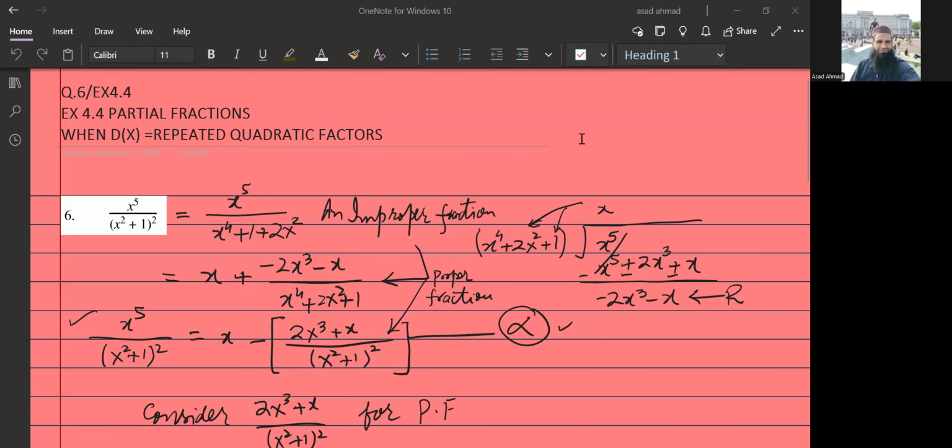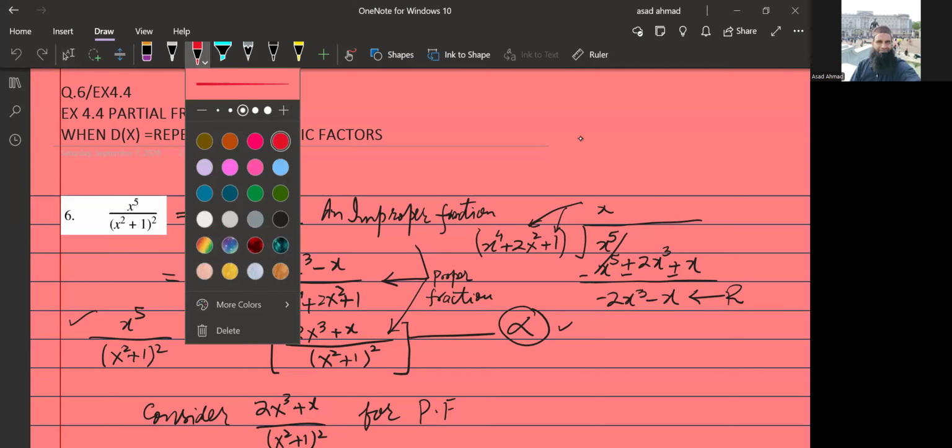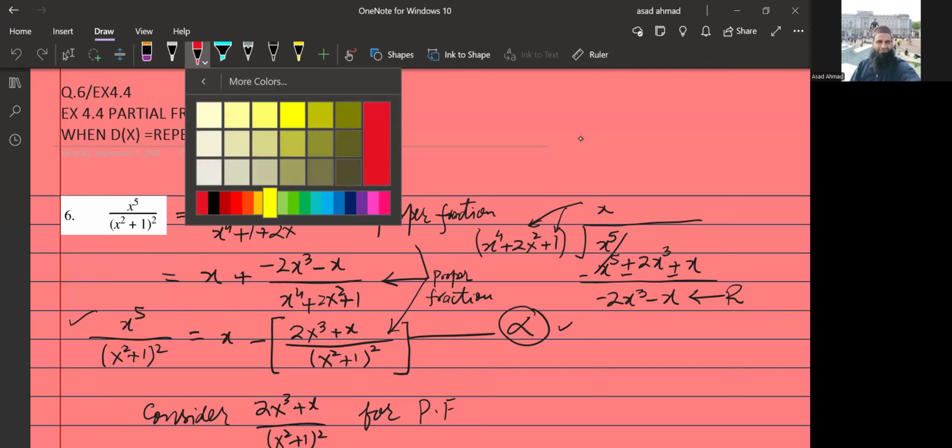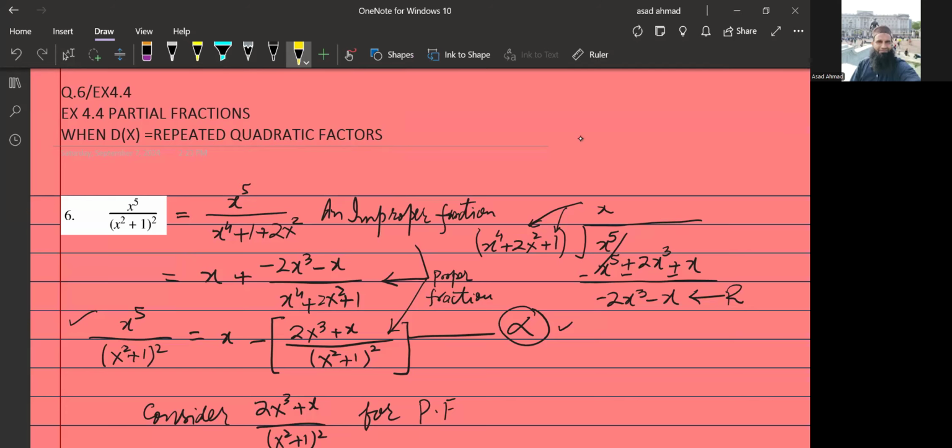Bismillahirrahmanirrahim. Okay, this is question number 6, and we will notice that in question number 6, the nature of the fraction is improper. This is an improper fraction because the denominator contains terms of lesser degree, and the numerator contains the terms with the greater degree.